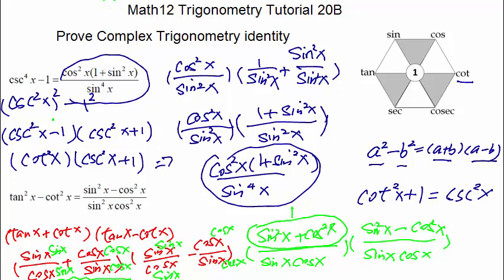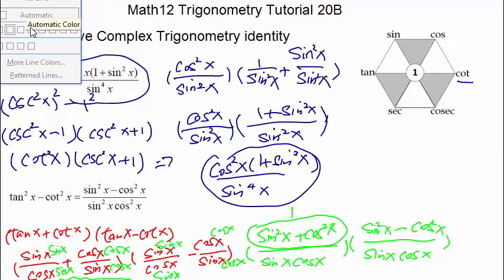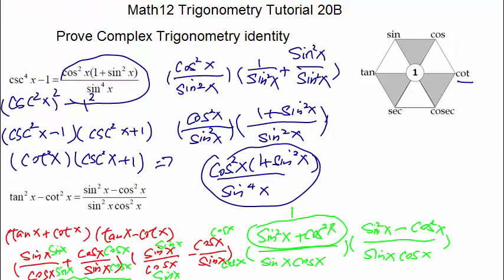Let's remove this to save some space. Okay, so here we got sine x, cosine x, sine x, cosine x, and they multiply.